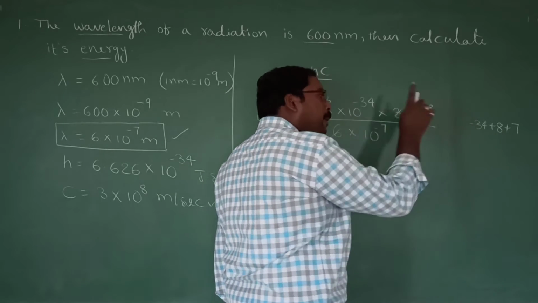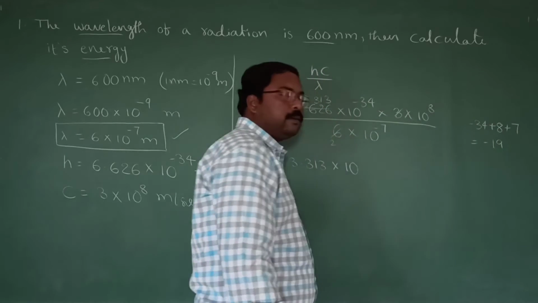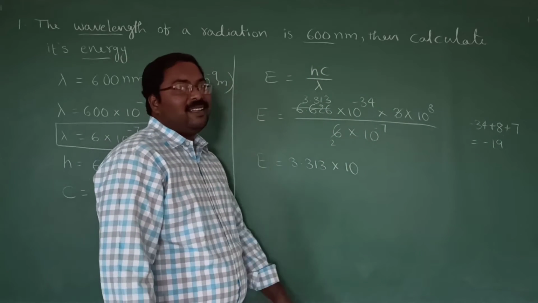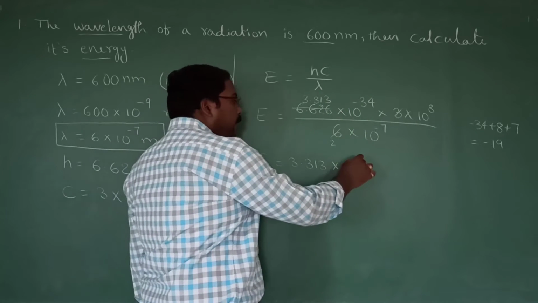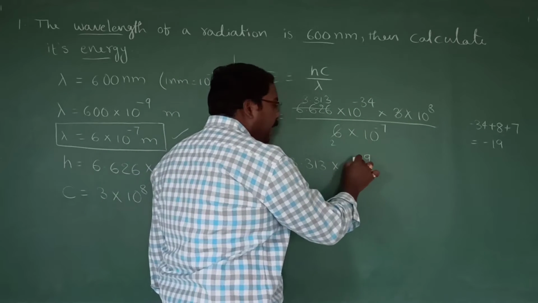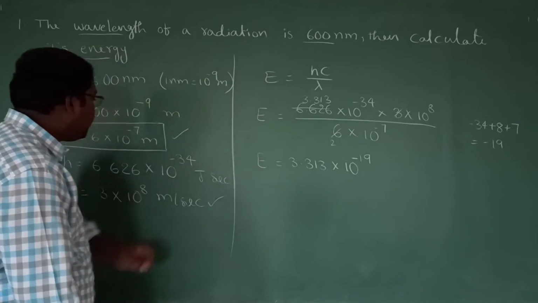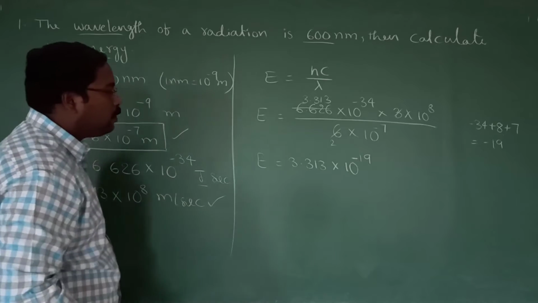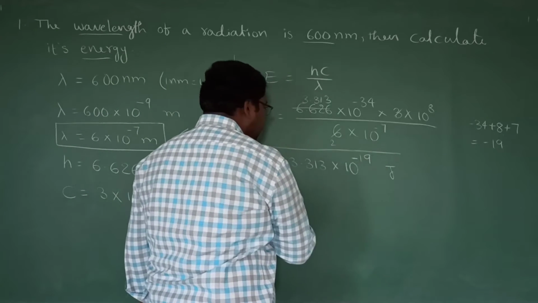Plus 15 minus 34, so we will get minus 19. Correct or wrong? Understood? So it will be 10^-19. We took the h value in terms of joules, so finally the energy will be in joules.